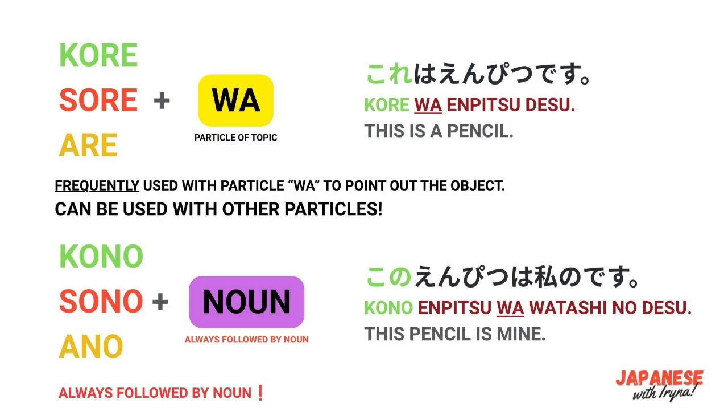The important note. これ、それ、あれ are frequently used with particles and mostly with particle は, the topical particle. While この、その、あの are always followed by a noun. これは鉛筆です。This is a pencil. この鉛筆は私のです。This pencil is mine.